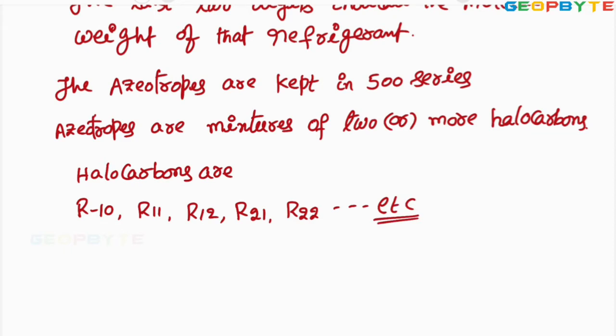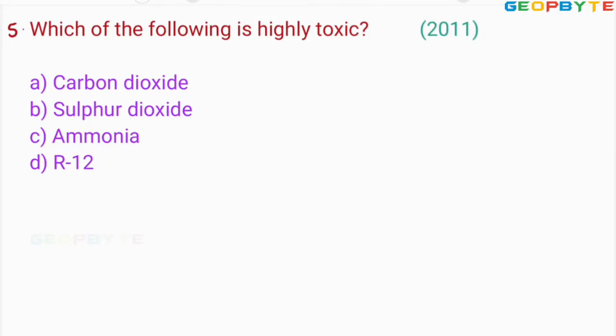Let us take the next problem. Look at the fifth problem. Which of the following is highly toxic? Option A, carbon dioxide; sulfur dioxide; ammonia; R12. Dear friends, remember, carbon dioxide is non-toxic.